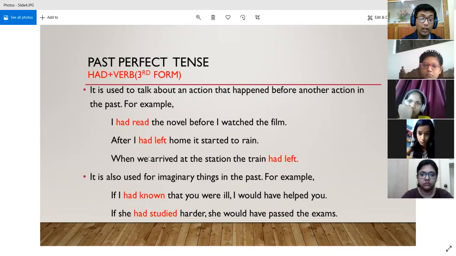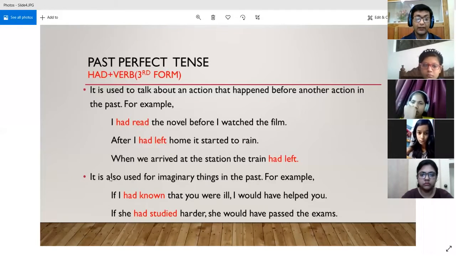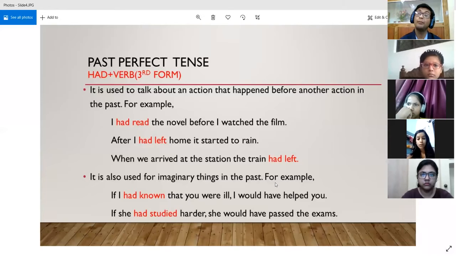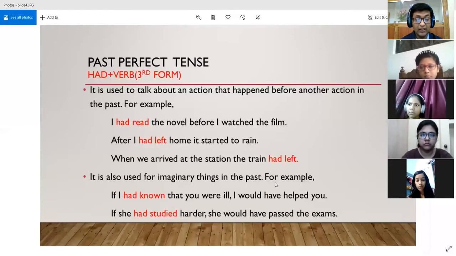Okay, now the second usage of the past perfect tense. It is also used for imaginary things in the past. For example, if we start imagining things that could have happened in the past, then we use this form of tense. For example, if I had known that you were ill, I would have helped you.